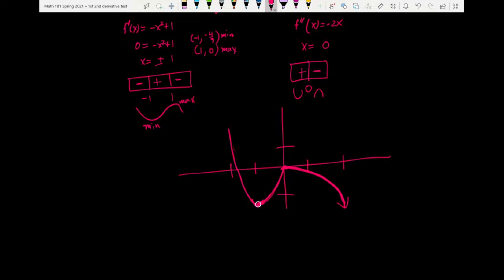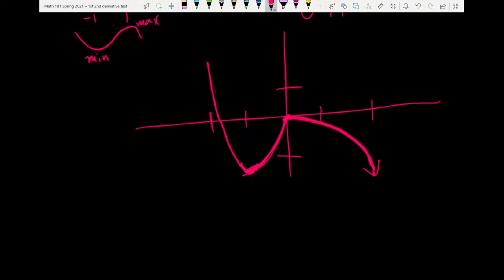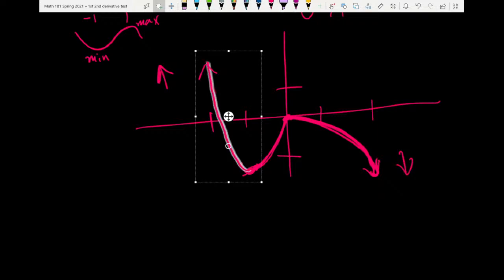It's positive right here, and at that point the concavity changes and it goes downward, and yet it still satisfies the condition we set, that since it's an odd function and it's a negative leading coefficient, it's going to start at the top, it's going to end at the bottom, and the concavity is positive over here while holding the minimum right over here, and maximum is right over here, but the concavity changes at 0.